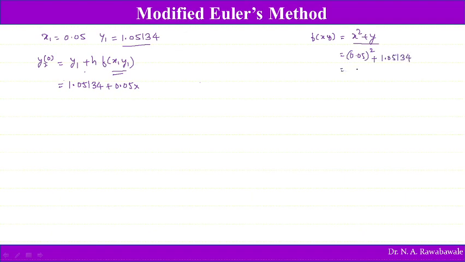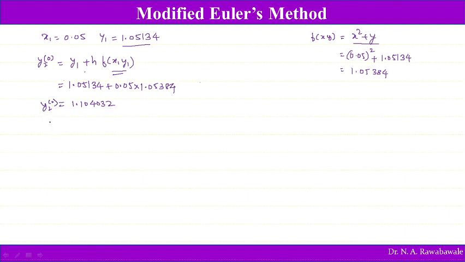So this value is going to be 1.05384. On simplification we get this as 1.104032. So y2 of 0 is 1.104032.